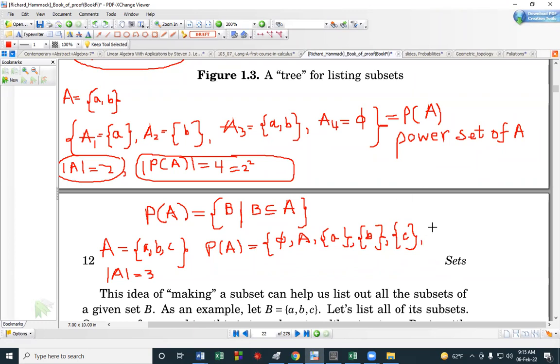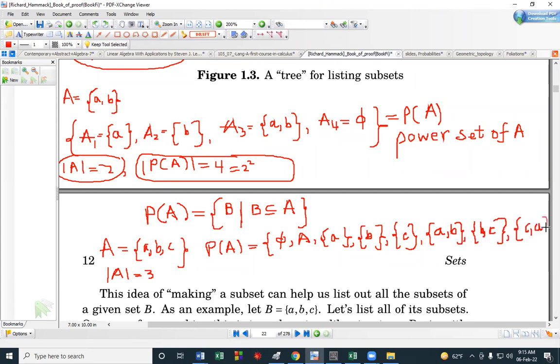And then the 2-element subsets: AB, BC, and CA or AC.